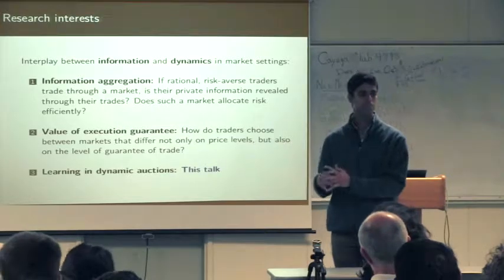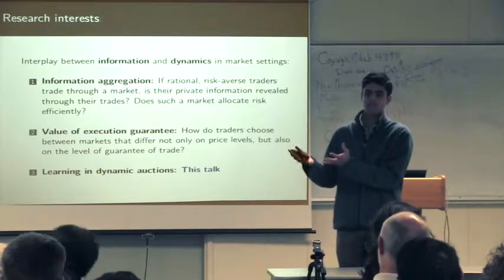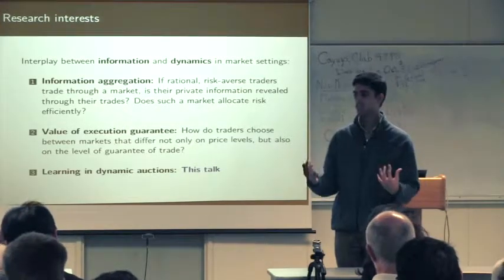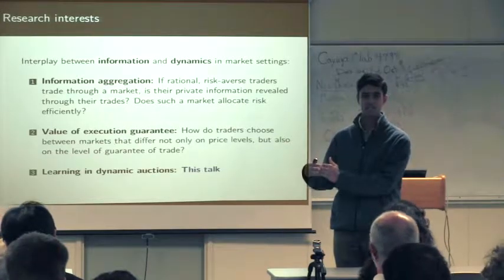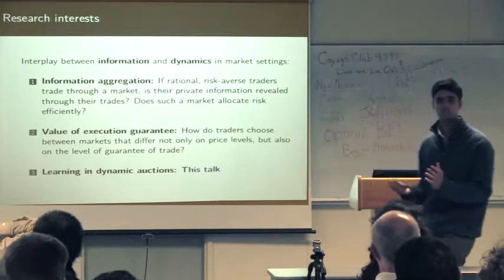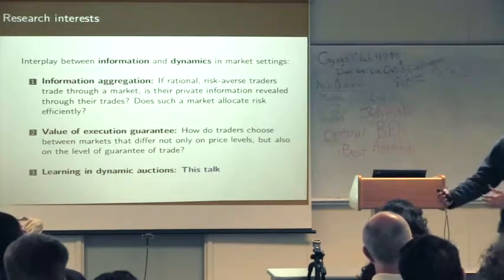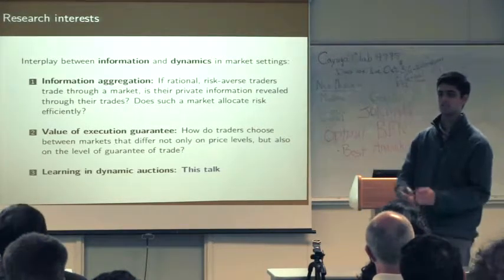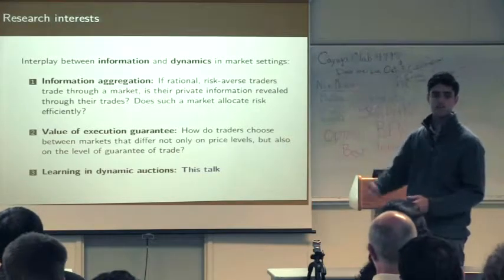So your trade happens with certainty, but usually you lose out on the price. Or you can put in a limit order that says, I want to buy or sell at this price, but there is a chance that my order will not get filled. In particular, I might have to wait for some time, or the price will move very far away and I would have to cancel my order.